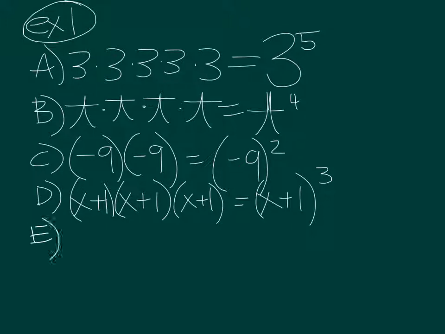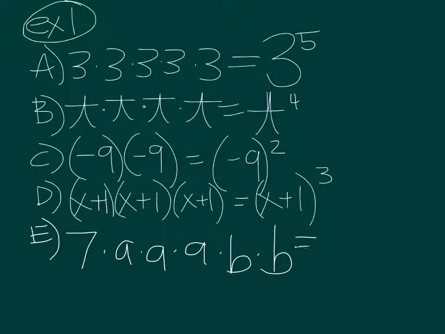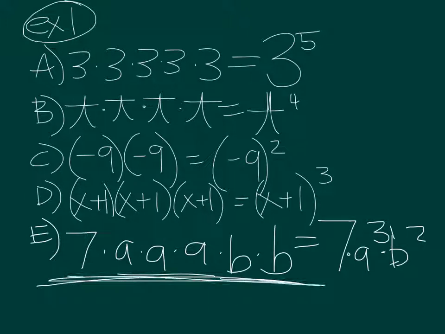Let's do E would be 7 times A times A times A times B times B. So this would be 7, A to the 3rd power, B to the 2nd power. And notice I'm just leaving them all beside each other because when you write them beside each other, it still means multiplication, so that means everything here is being multiplied. So that is your answer for that one.